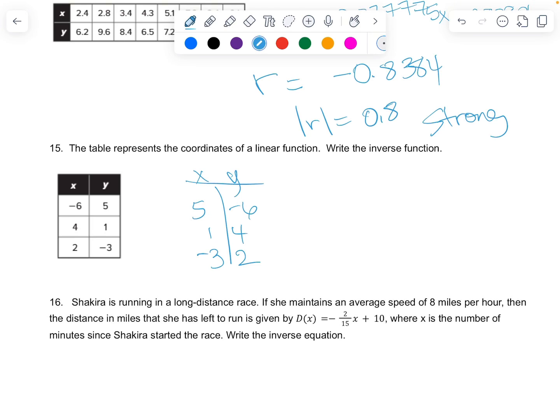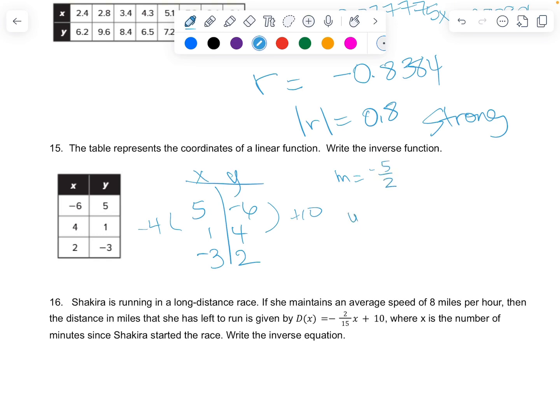So if I was to write the equation of the line for this, it went up by 10, and this went down by 4. So my slope on this would be negative 5 over 2.